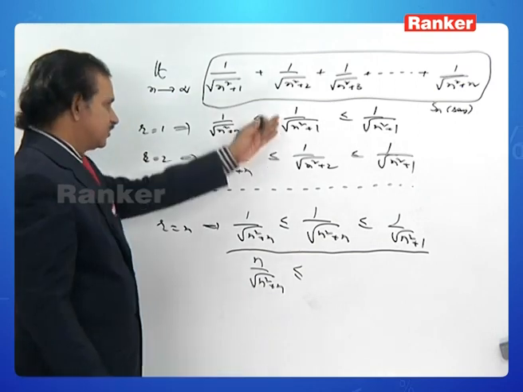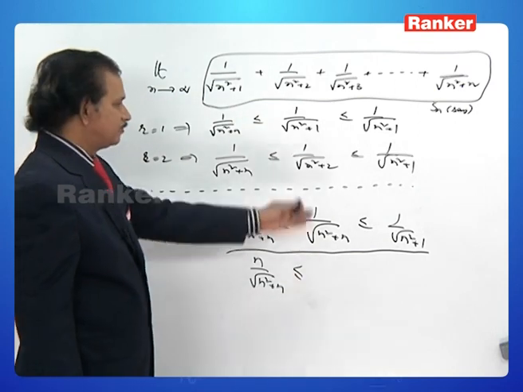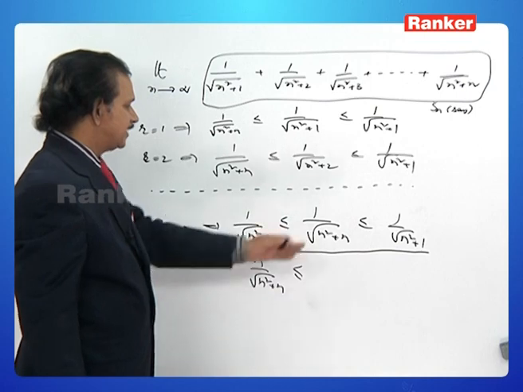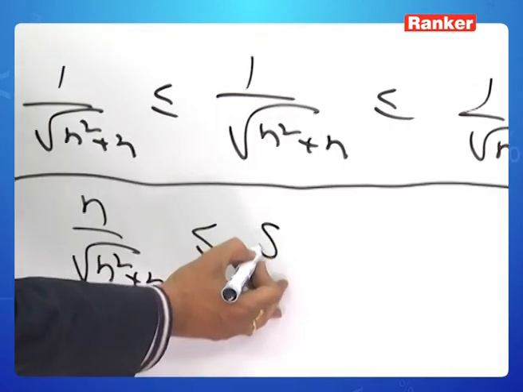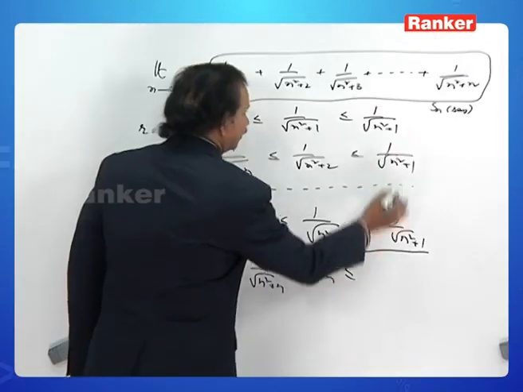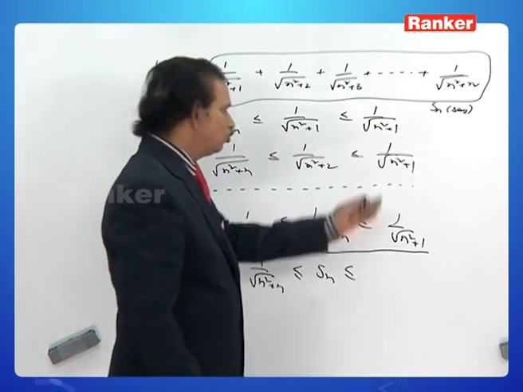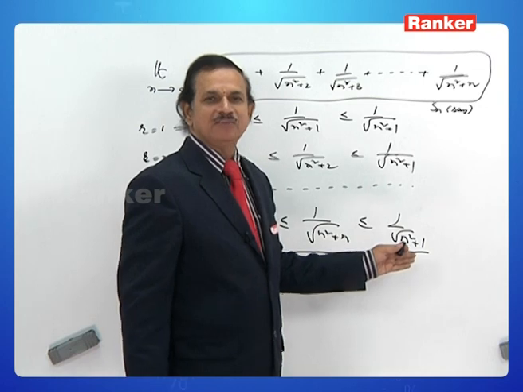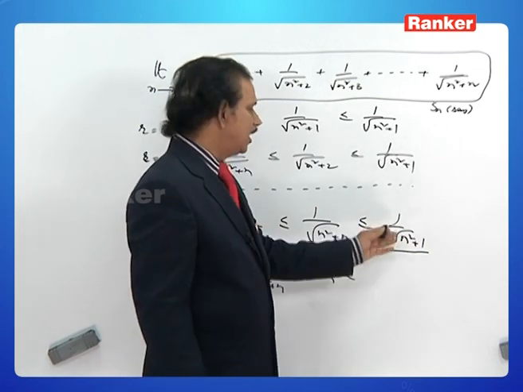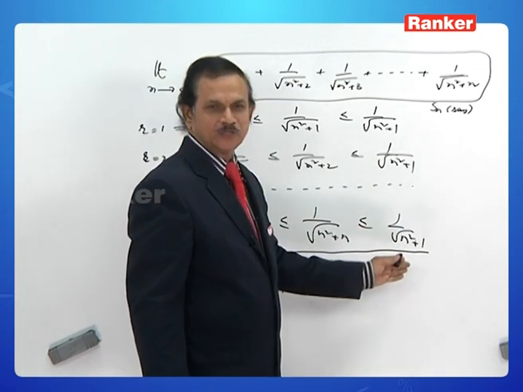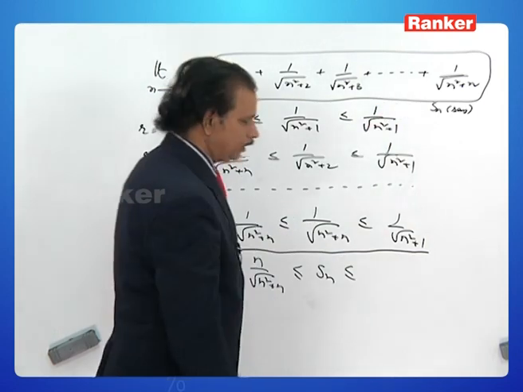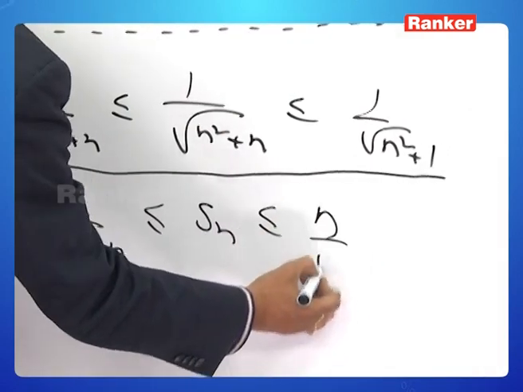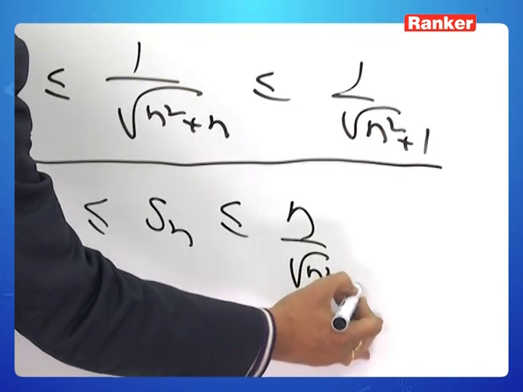What about the sum on the other side? 1 by root n square plus 1, 1 by root n square plus 2, and so on. It becomes Sn is less than or equal to the sum of 1 by root n square plus 1. You add all these things. According to the way we have constructed these steps, everything is the same here. You are adding n times so that you get n by root n square plus 1.